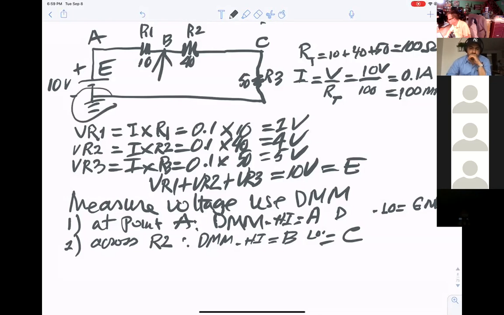If I want to measure voltage across R2, then the high side goes to B, and the low side goes to C.